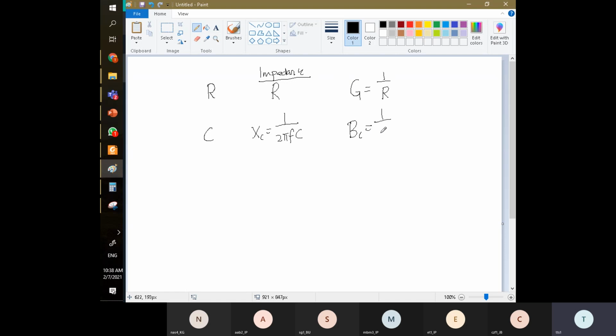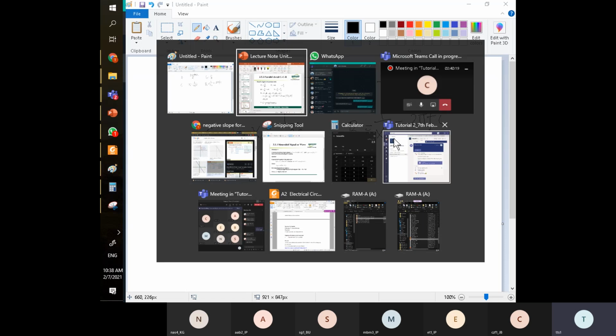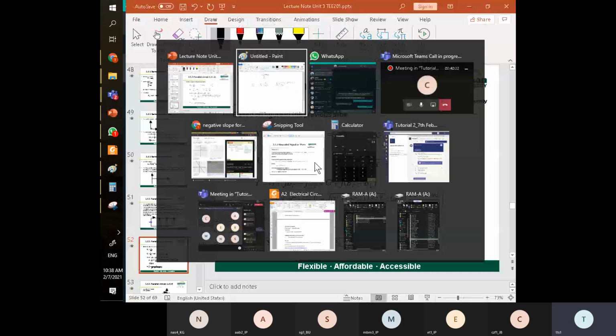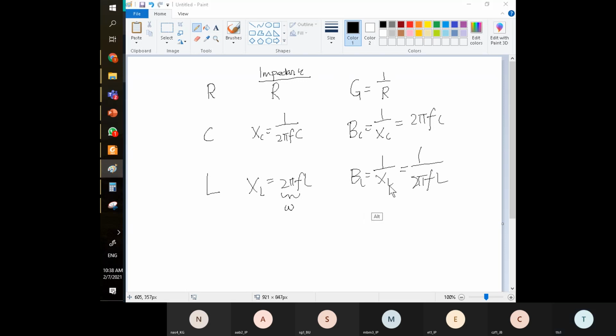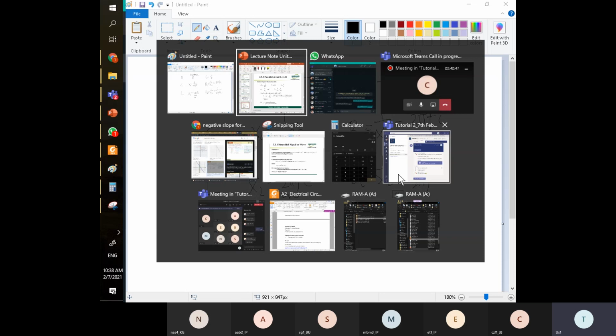BC is equal to 1 over XC, which becomes 2 pi f C. Then for the L, the impedance is XL equal to 2 pi f L. 2 pi f, the short form is omega, right? So BL is equal to 1 over XL, the reciprocal, so this one becomes 1 over 2 pi f L.